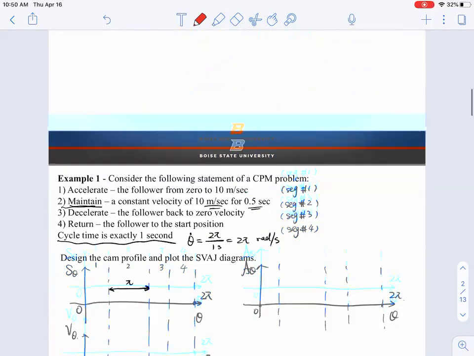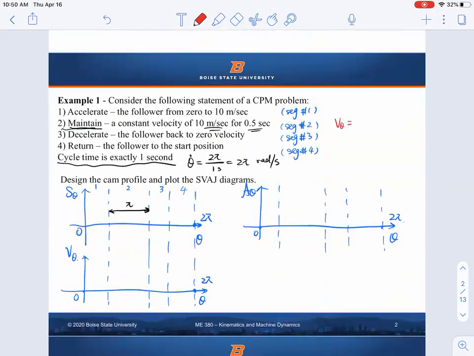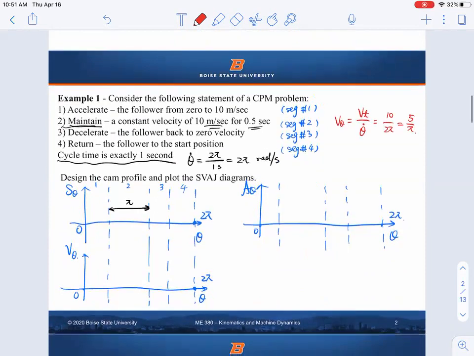We know that your V theta is V_t over theta dot. So your V_t is 10, your theta dot is 2 pi. So eventually your V theta is 5 over pi. So that means, in this case, the second segment has a constant speed, and this speed in V theta domain is 5 over pi.